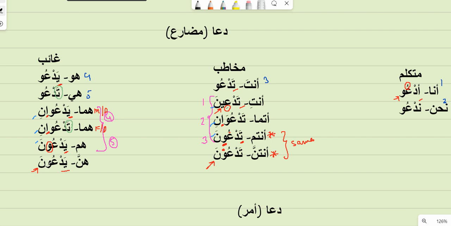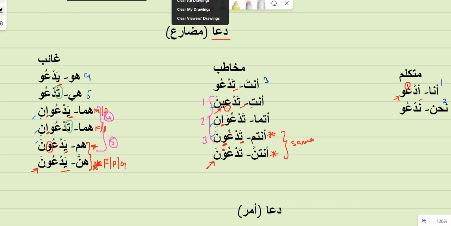This is noon niswa, and this is for feminine. Sorry, feminine plural ghaib, and it is also the same as you can see in the mukhatib. Please mark this, because in this special case da'a, the male and female structure are the same.